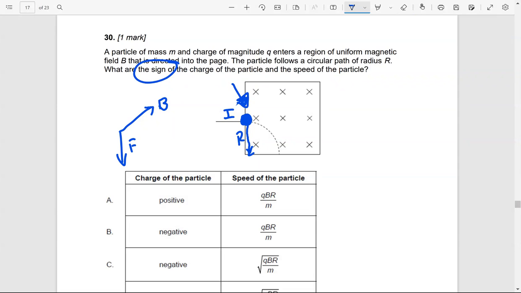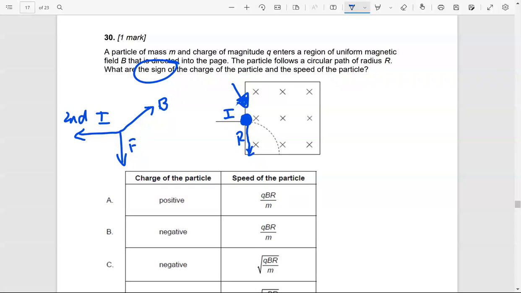Now, for that to happen, you must have your second finger, your current, going backwards. It's going from right to left. So what that means is my second finger is saying that the current is going that direction.